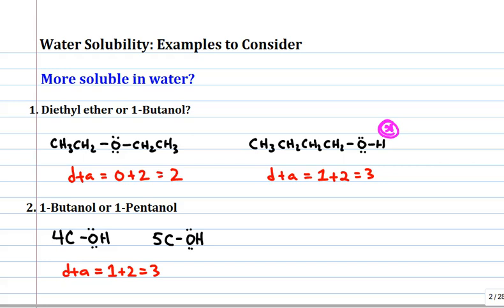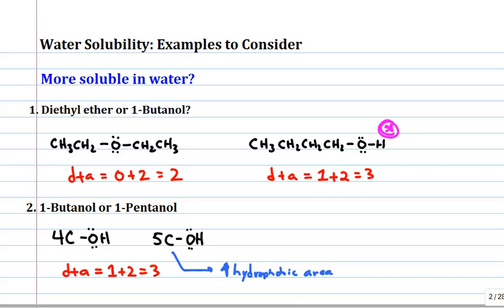So probably we're going to be talking about a hydrophobic issue, and I don't think it's a big stretch for us to say, oh, wait a minute, this has 5 carbons, the other one has 4 carbons. This probably has a higher hydrophobic area, so it will be less soluble in water.